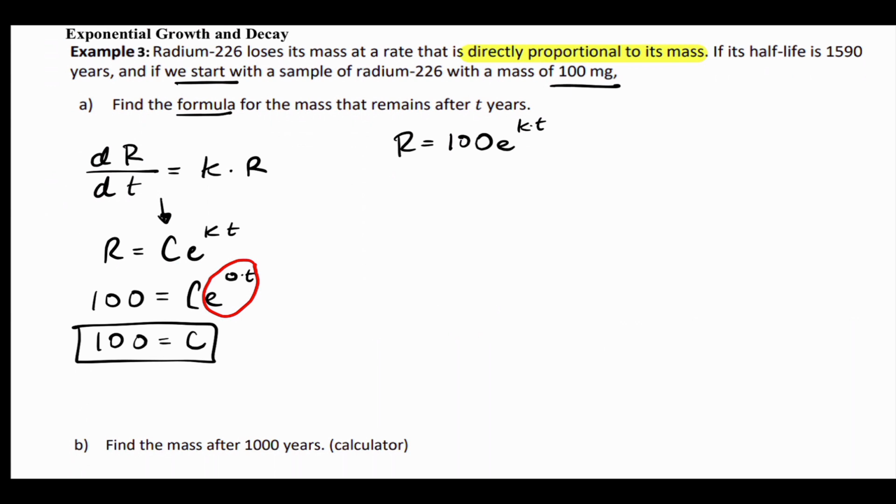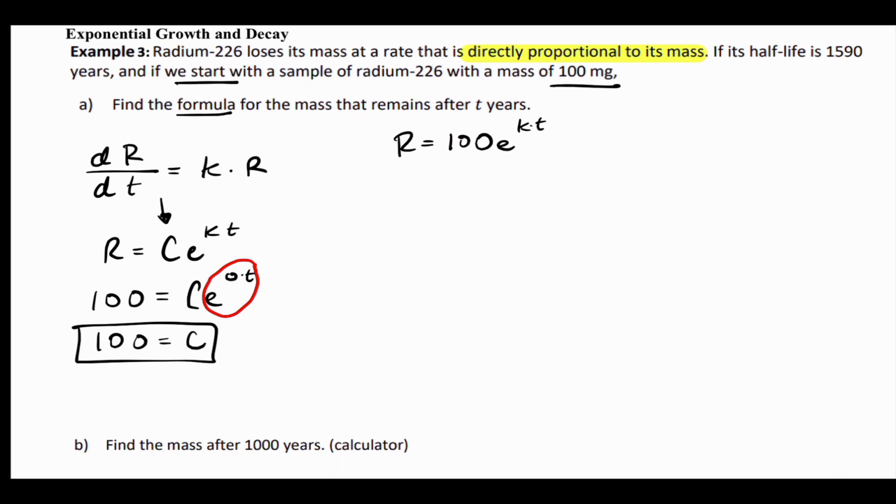Well, what is half? What does half mean? It loses half of its mass every 1,590 years. So every 1,590 years, half of its existence is still there.